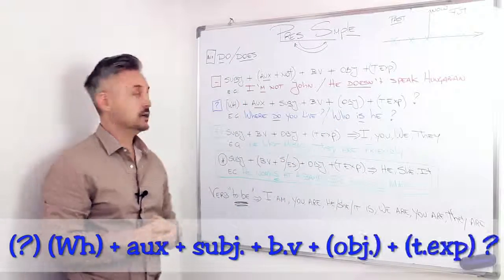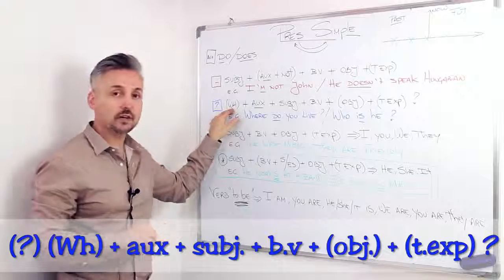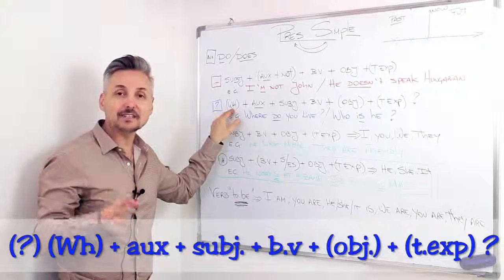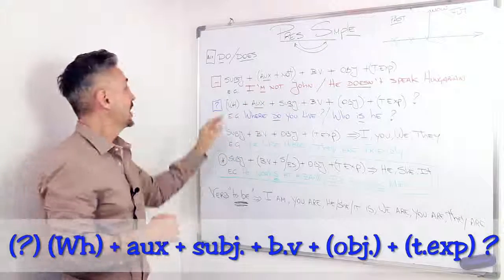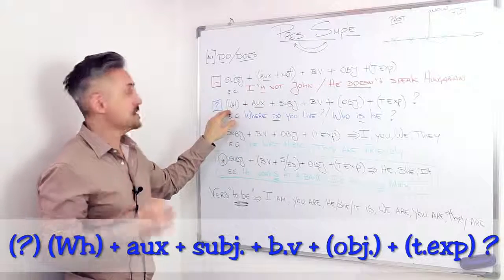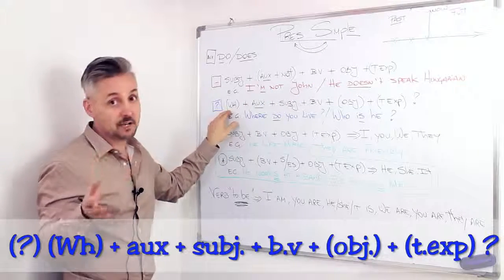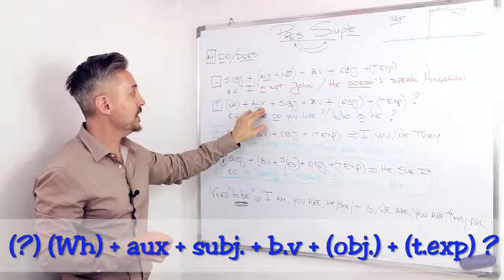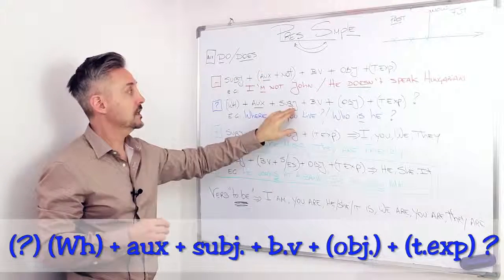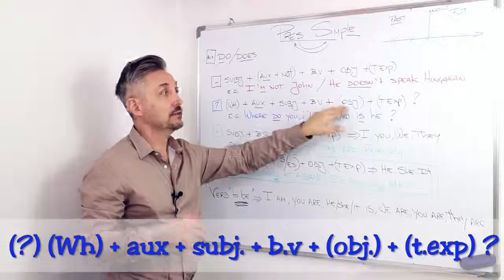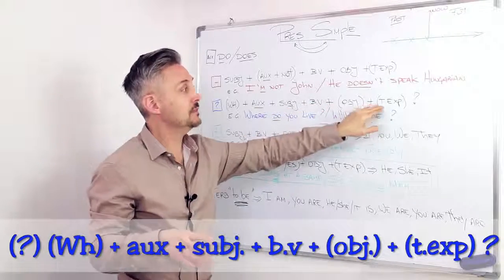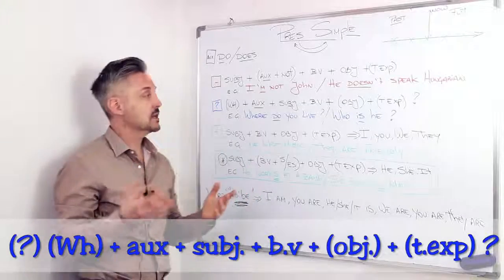Now for a question, WH question word. If you haven't seen my lesson on making questions, you can click here. So as I said, WH question word sometimes, then the auxiliary, do or does, then the subject, then the base of the verb, then the object sometimes, and then the time expression sometimes.